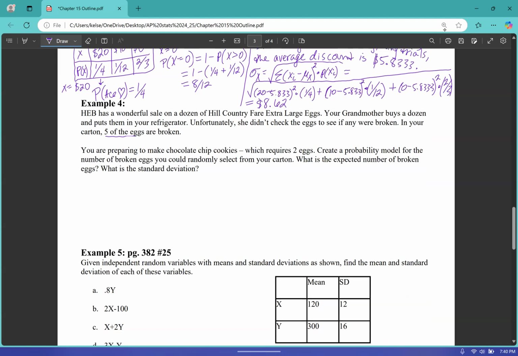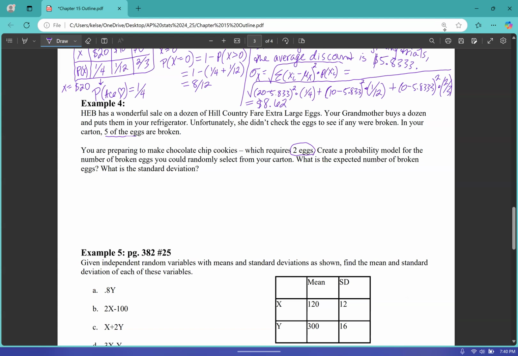You are preparing to make chocolate chip cookies, which requires 2 eggs. So we're going to be picking out 2 eggs. So we're going to create a probability model for the number of broken eggs you could randomly select from your carton. And what is the expected number of broken eggs, and what is that standard deviation?